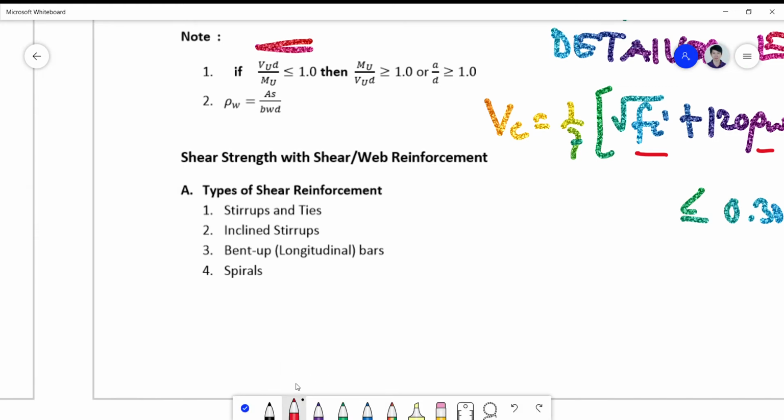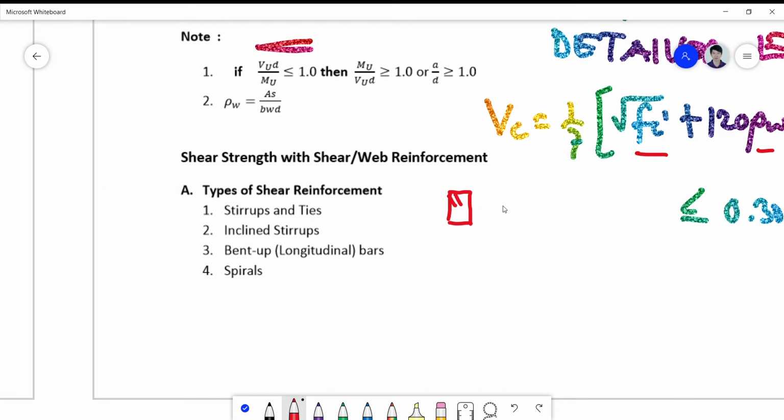There are four types of stirrups in general that we will be considering here in our lecture. The first one are the normal stirrups, or simply ties. These are the common stirrups you see, which look like this one.